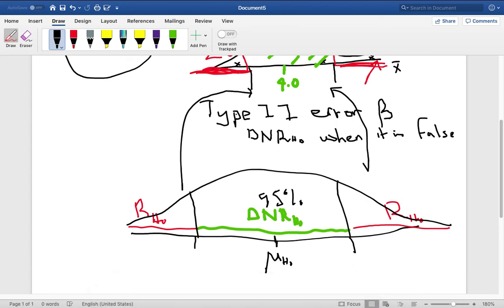We know that's about 2 standard deviations according to the empirical rule. So this side is going to be the mean plus 2 standard deviations, but it's not exactly 2 standard deviations. It's z of alpha over 2, or in this case, z of 2.5%, that's the number of standard deviations, approximately 2.